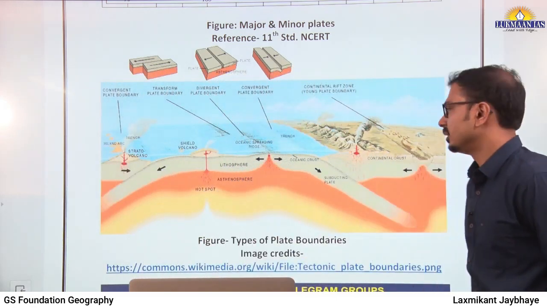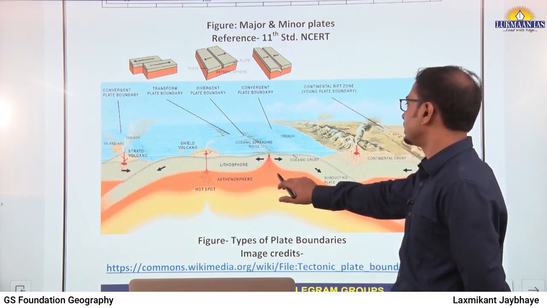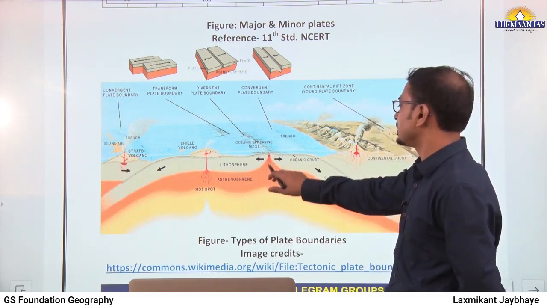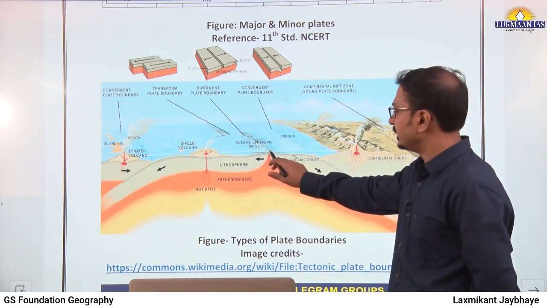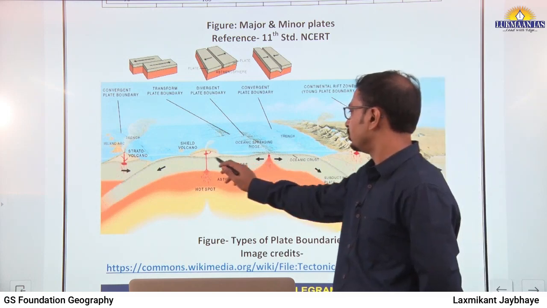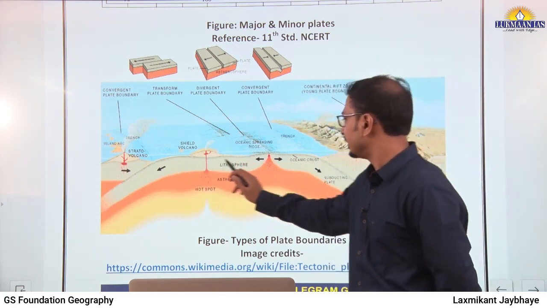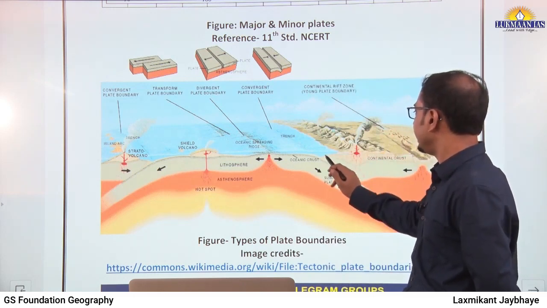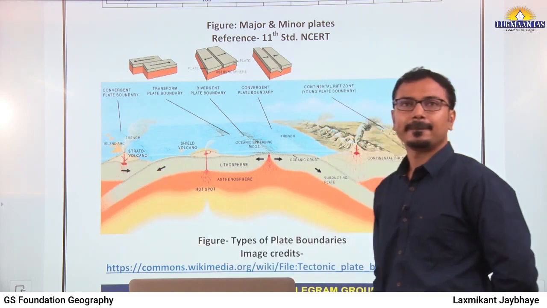This image shows there is continuous formation of the crust, like magma is coming up in the mid-oceanic region. Then the lithosphere or the oceanic crust is moving like this, moving like this. Then there is a trench area like this. Here also there is a trench area.